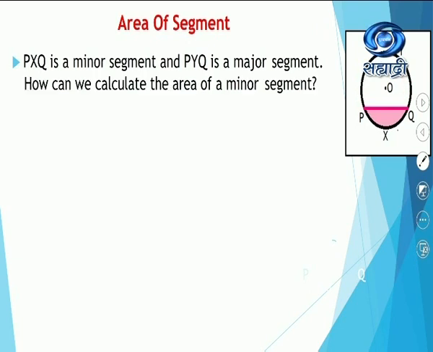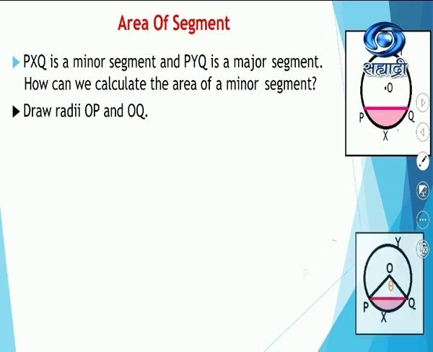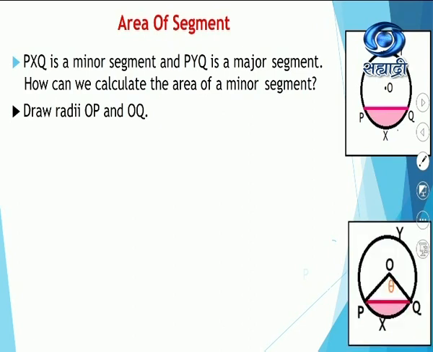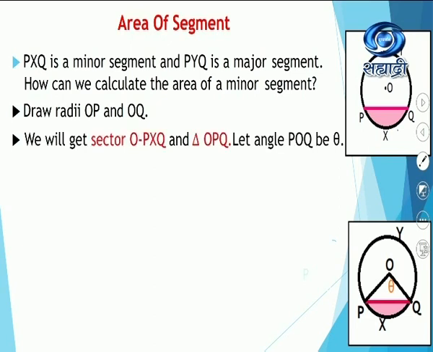How can we calculate the area of a minor segment? For that, you will have to draw two radii, OP and OQ. See, look at the diagram, look at the figure. We will get sector O-PXQ and we will also get a triangle OPQ, and let the central angle, that is angle POQ, be theta.